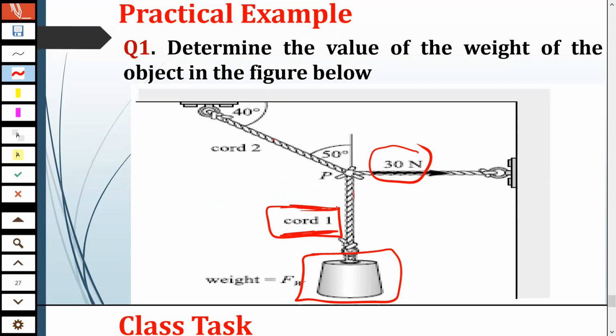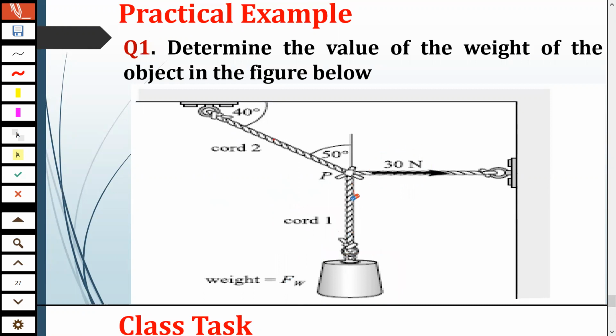So this is also a simple question. How do we go about it? Let us quickly see. The way you solve this question, you first have to draw a free body diagram, just showing these cords. So I'm going to draw it here. Then we have something like this. We have 30 newtons this side.